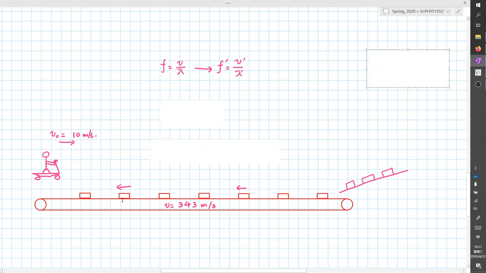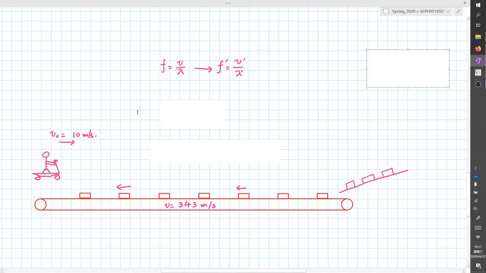Lambda prime refers to the wavelength, and in the donut conveyor belt case, it's simply the distance between two donuts. It's pretty obvious that the distance between donuts will not magically change because someone is riding a scooter on the side. So lambda prime equals lambda. But v prime is now the relative velocity between the speed of sound and the speed of the observer, because they're traveling against each other, and their velocities add up.